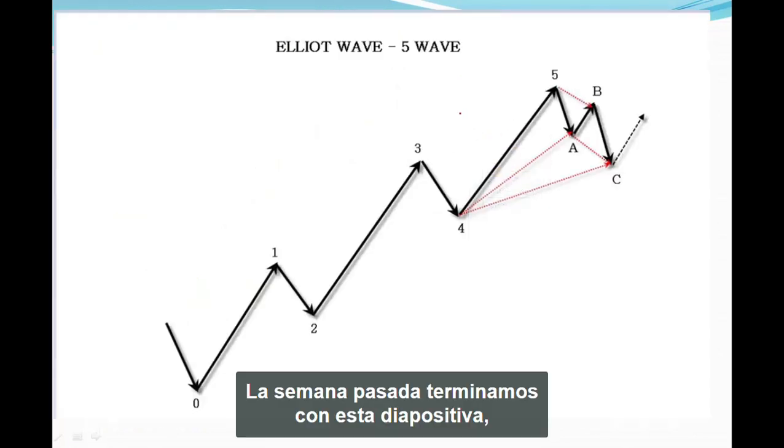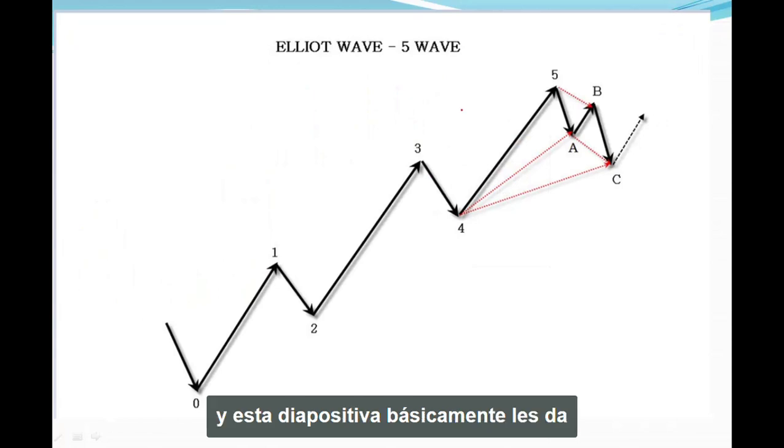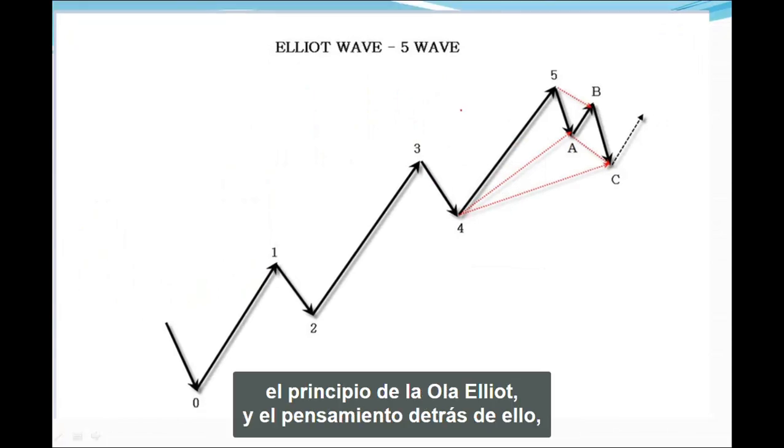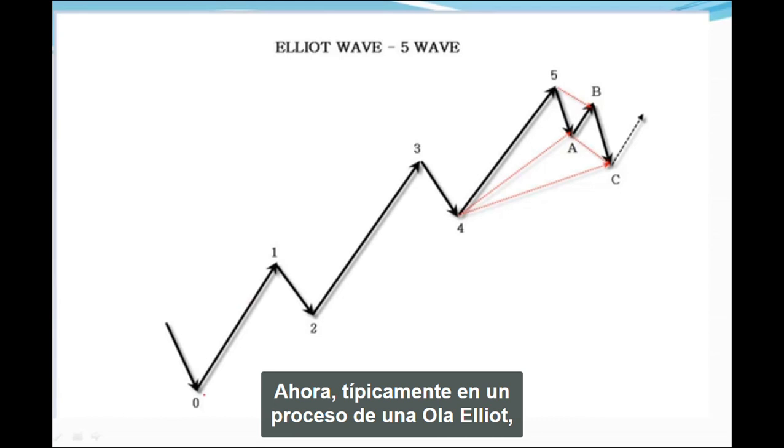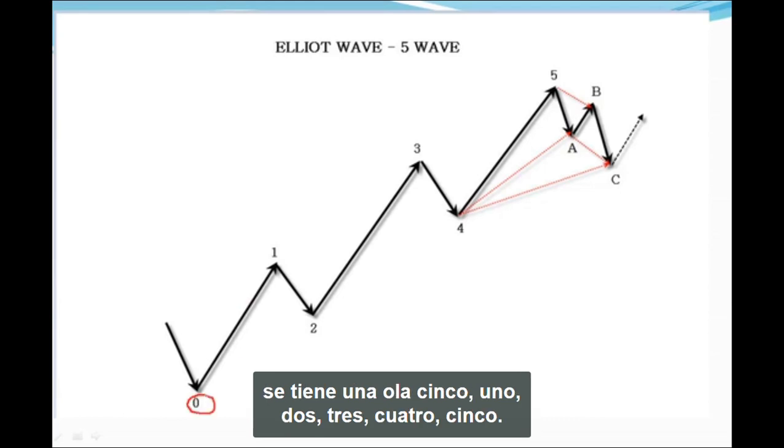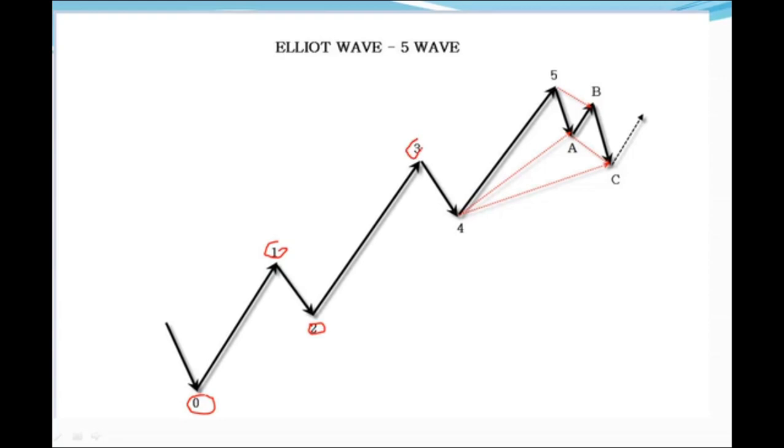Now, last week we ended with this slide, and this slide was basically giving you the beginning of Elliott wave and the thought behind it and the structure behind it. Typically in an Elliott wave process, you have a 5 wave: 1, 2, 3, 4, 5.